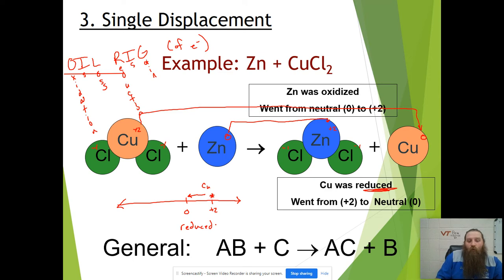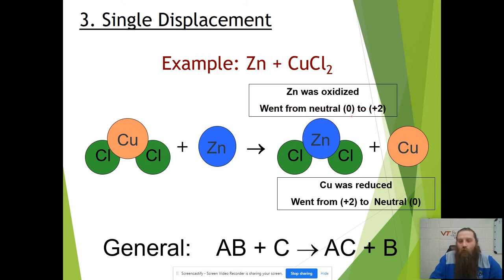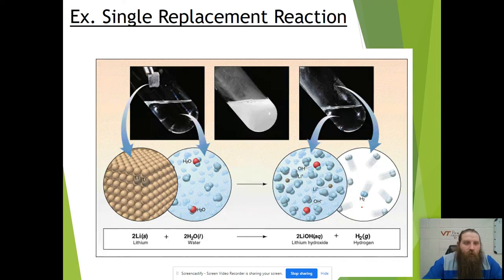So if I'm reducing my charge, I'm gaining electrons, right? I'm gaining negative charges, and that's making me jump from +2 to +1 down to 0. If I am oxidized, then I'm losing electrons, so I should be becoming more positive. So more positive, more negative. We'll look more at that later, but single displacement always comes up with redox.